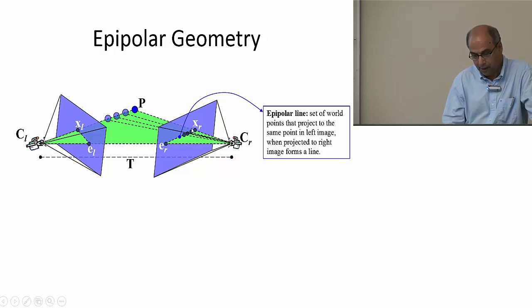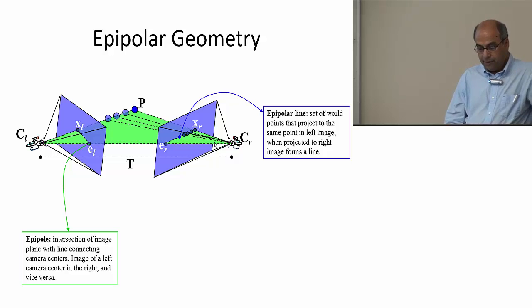Okay, this is called the epipolar line. So what is happening is that a point in the left image maps to a line in the second image, because all the points here are mapped to one point, but when you look from a different side, then all these points are matched to different points and you get a line. Okay, so that's one important notion you need to understand, the epipolar line.